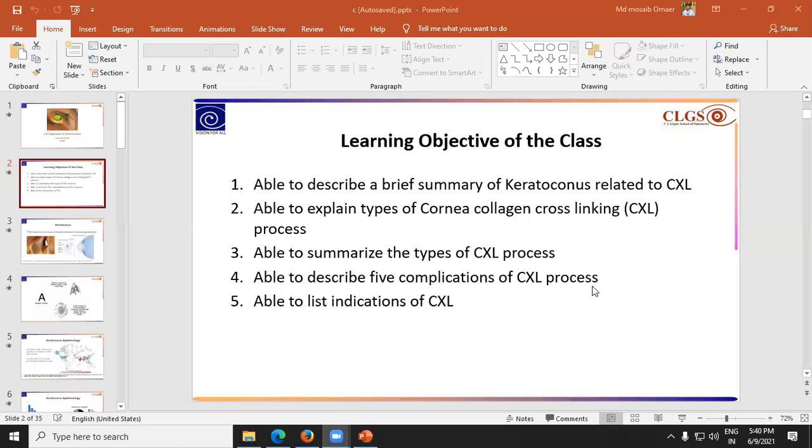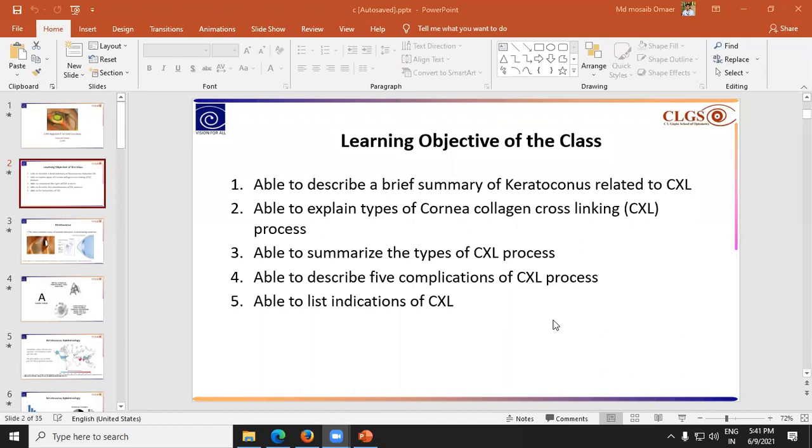Yes, sir. Good. So who is going to say 5 complications of the CXL process that we can see? Can you say? Yes, Abhijit.